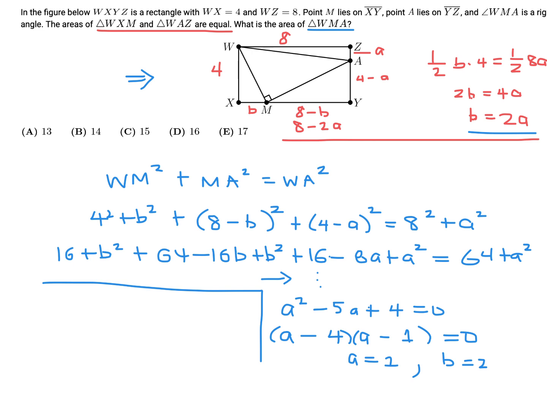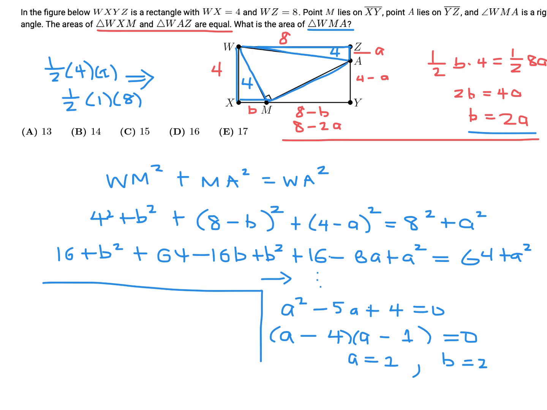Since B is 2, the area of this triangle would be 1/2 base times height, which is 1/2 times 4 times 2, which is 4. And then the area of this one, we know A is 1, so that'd be 1/2 times 1 times 8, so that's 4 also.